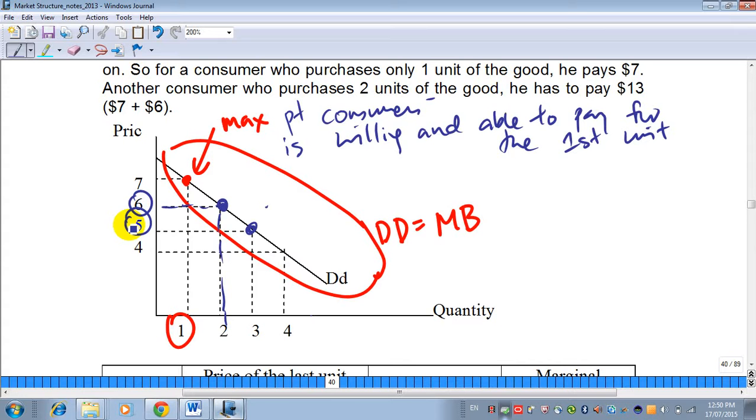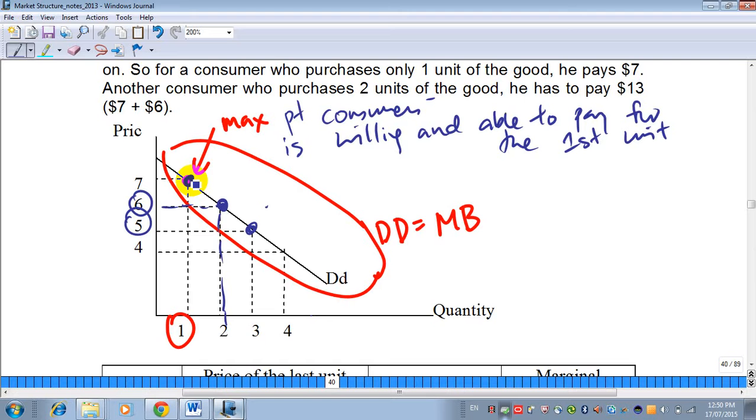Let's say this producer knows that for the first unit of chocolate cake, the maximum price you're willing and able to pay is 7. He knows, and he charges you the exact same price of $7. You wouldn't be happy, right? He has extracted all your consumer surplus. You have no more consumer surplus.